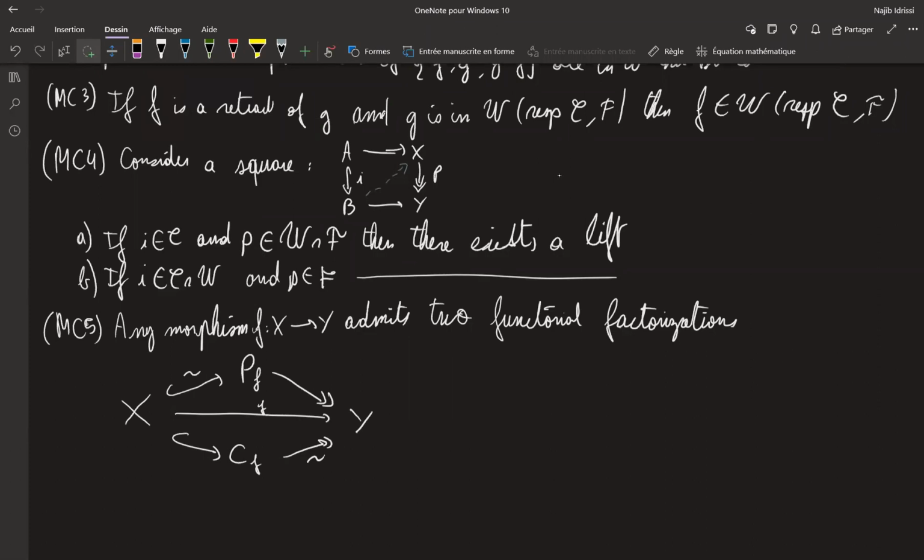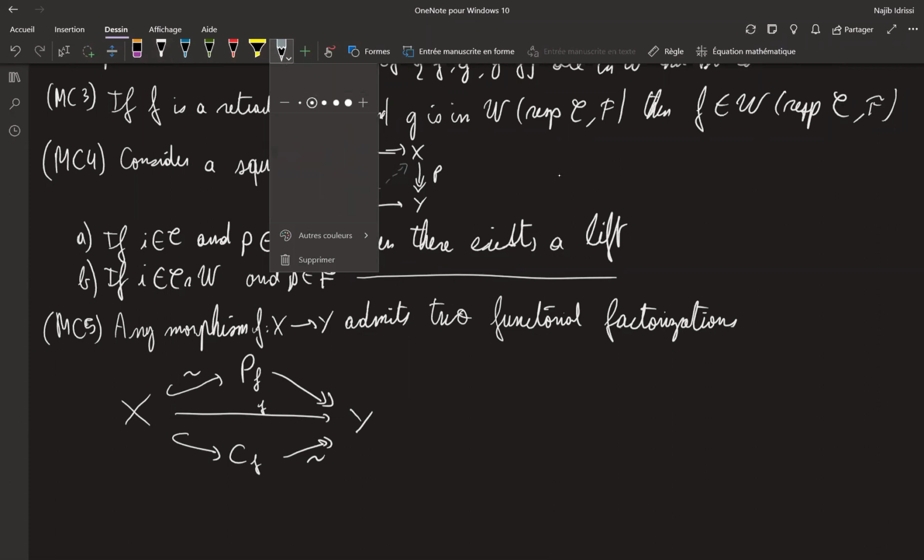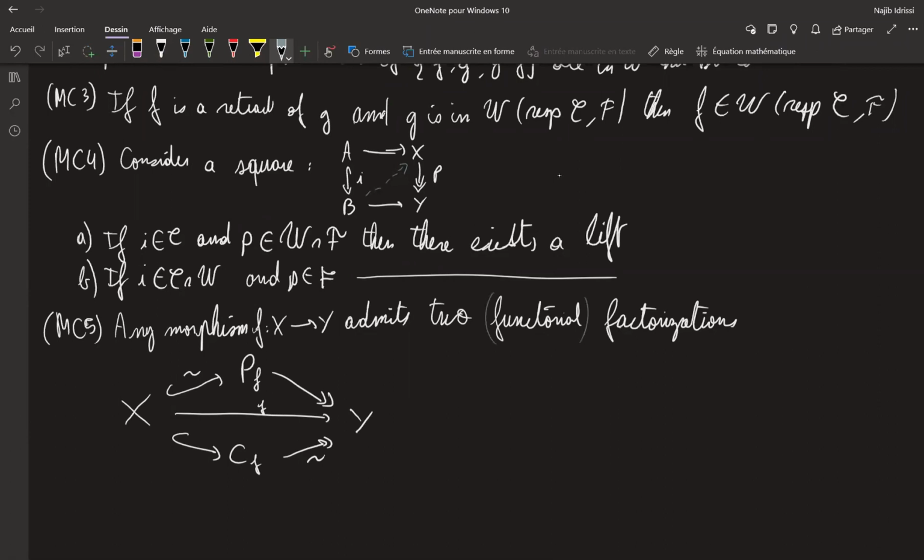So let me make a historical remark. When Quillen introduced model categories, he didn't ask for functorial factorization. He just asked for the factorizations to exist, but not necessarily to be functorial.